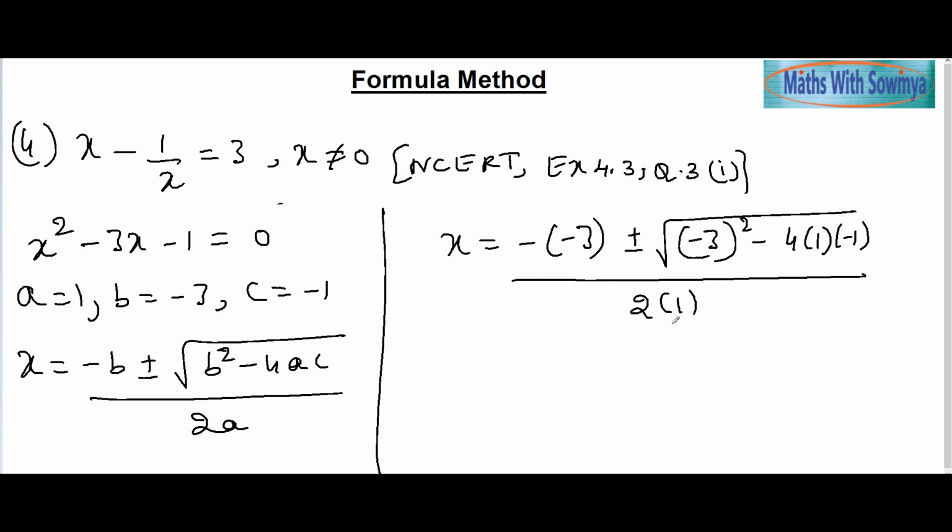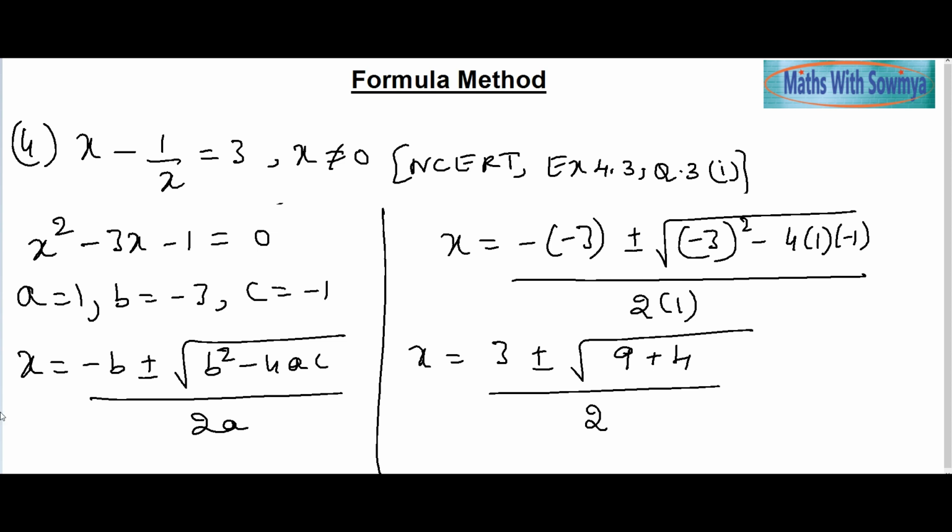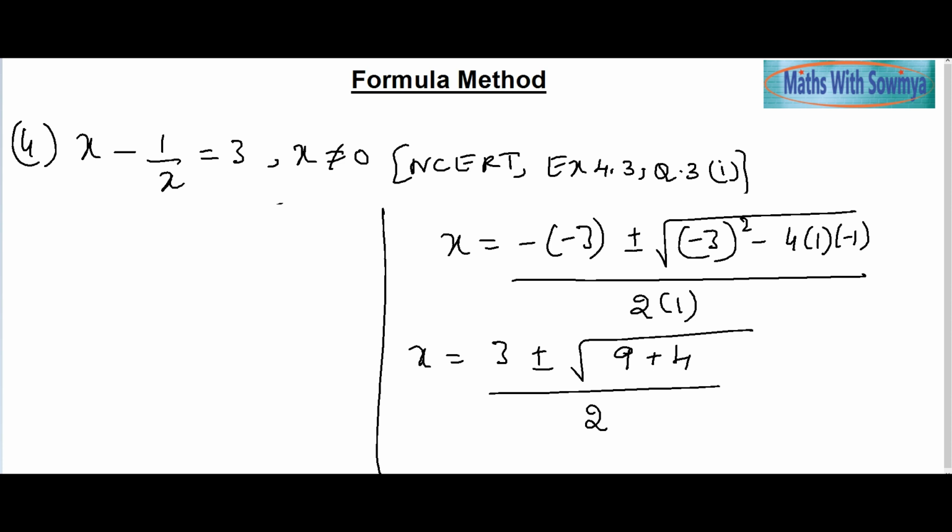See, substitute the values. So, x is plus 3 plus or minus 9 plus 4. This will give you 2. So, what will we get as the value of x here? x is equal to 3 plus or minus, this will be 13 we get, divided by 2.